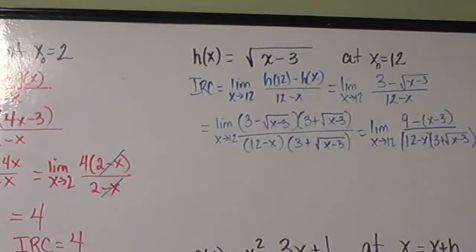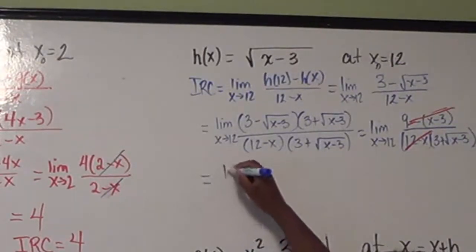Okay. Now, if you look closer at the top, when I simplify there, distributing that minus sign, we see that we get a 12 minus x, which is exactly the same as the factor in the denominator. So we'll be able to cancel those out.